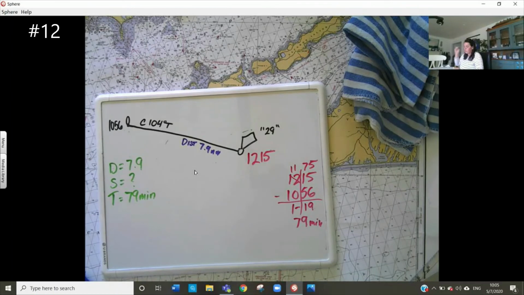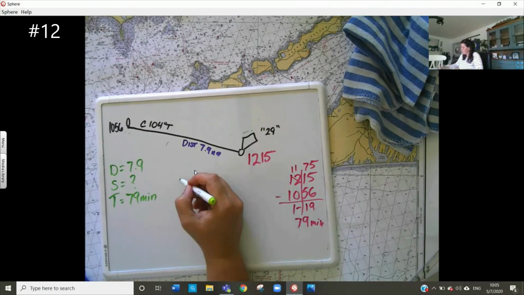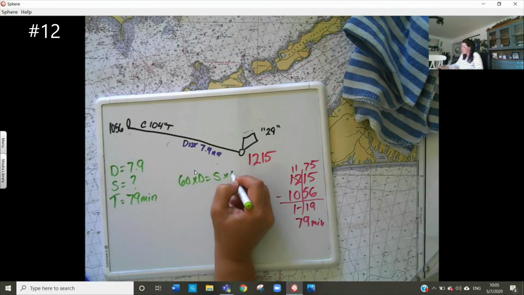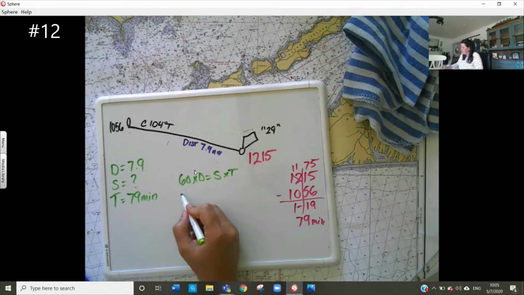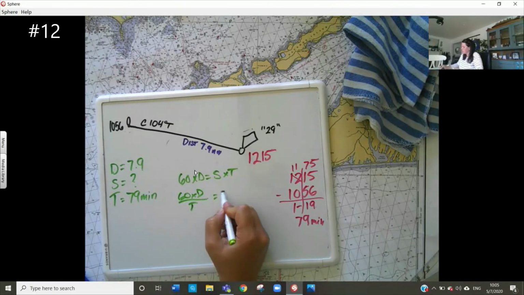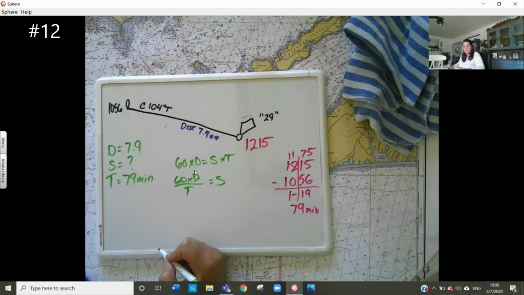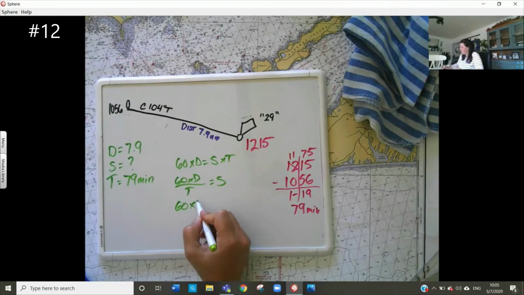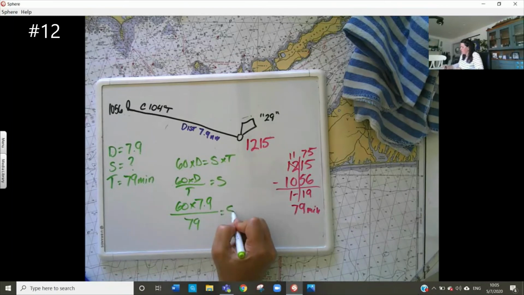So we can go to our 60D street. We're looking for speed, so we have 60D divided by T gives us speed. We could plug in our numbers to say 60 times 7.9 divided by 79 gives us a speed.